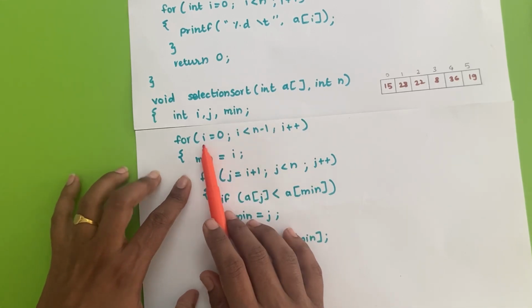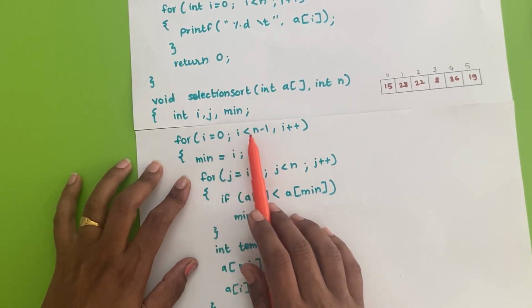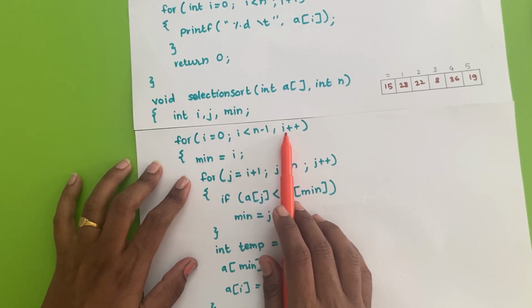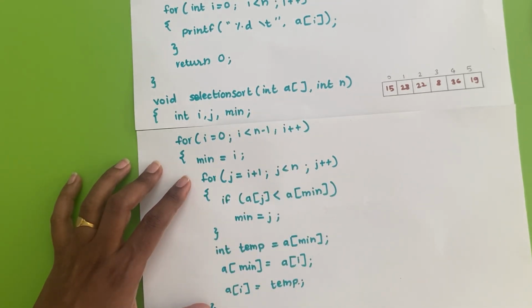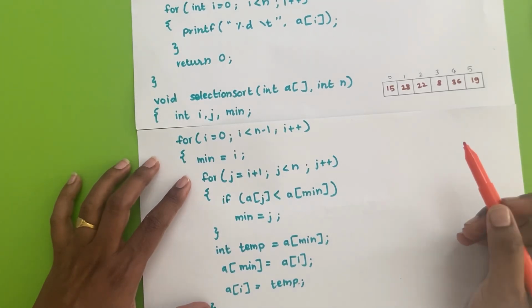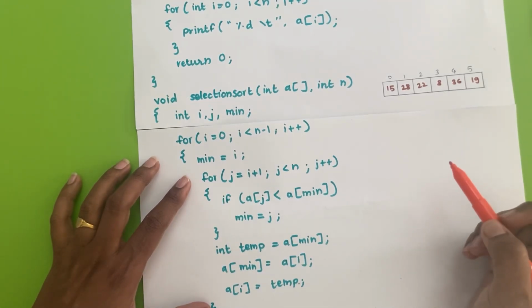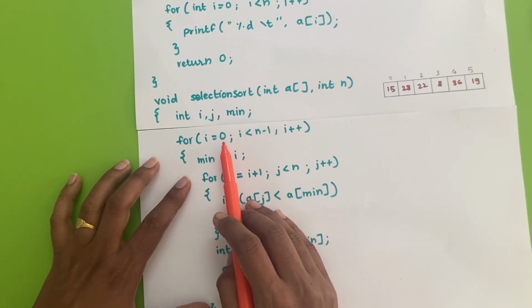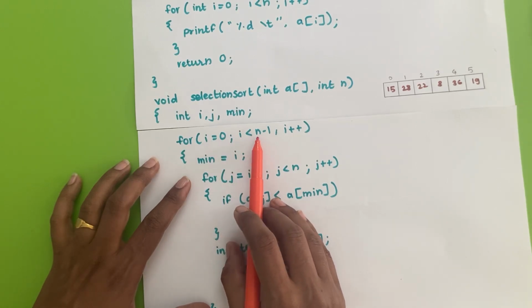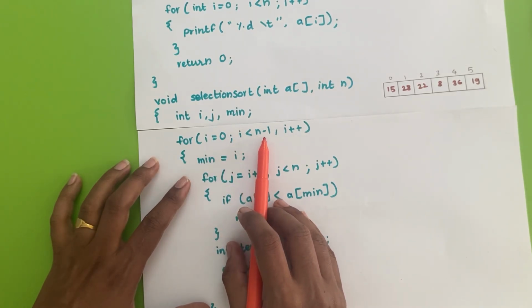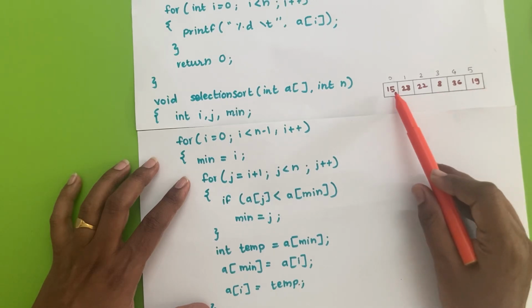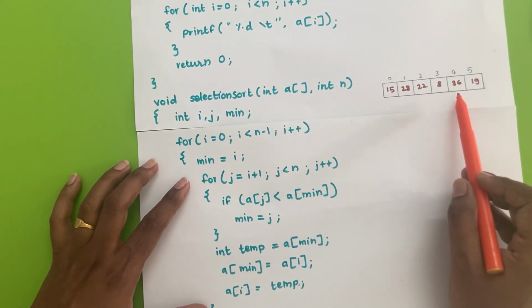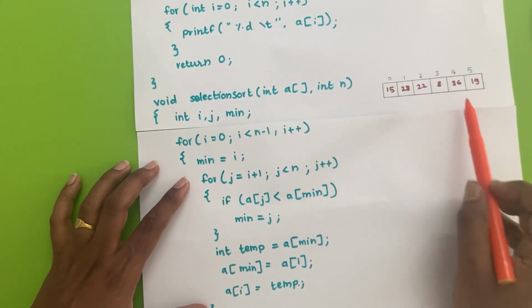Okay, so for i equal to 0, while i is less than n minus 1, I have to repeat the following task as we have already discussed in the example of selection sort. We will have the total passes, that is 0 to n minus 2. If we have 6 elements, then it will take 5 passes to complete the selection sort.